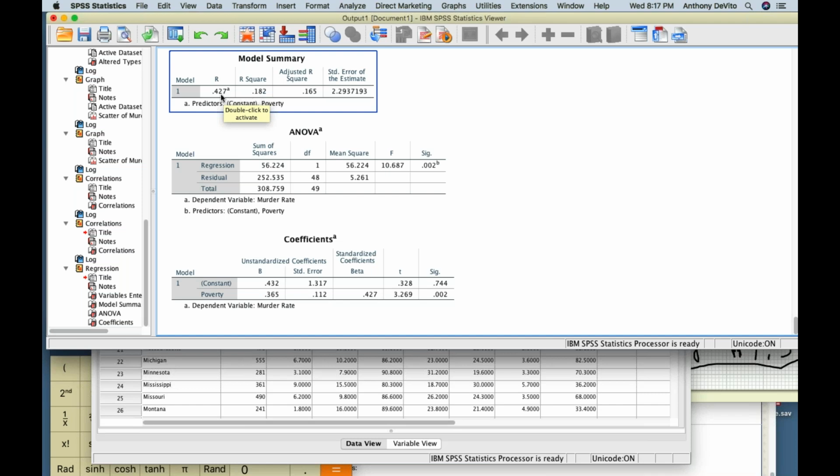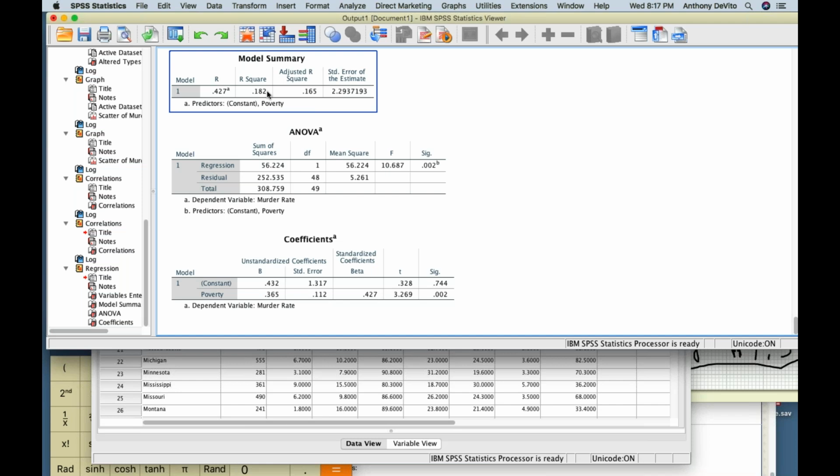And that R squared, 0.427 times 0.427, comes out to be 0.18. 18% of the variability in the different states' murder rates is due to the poverty rate in that state. That tells us that 80% is due to something else. So the other factors.